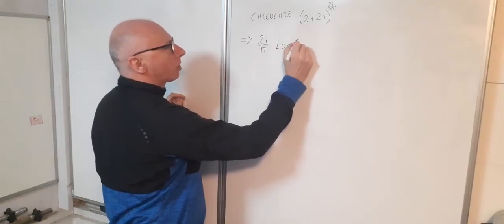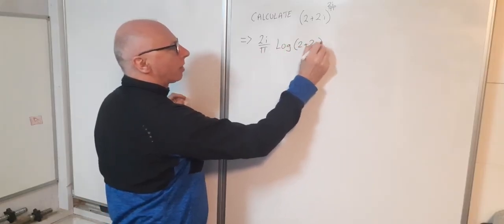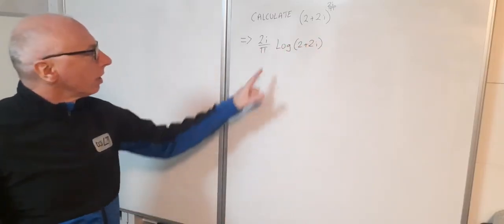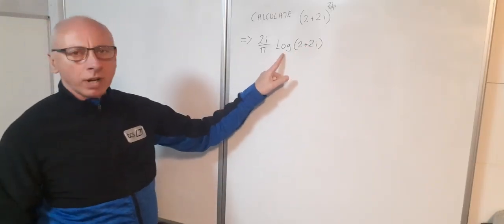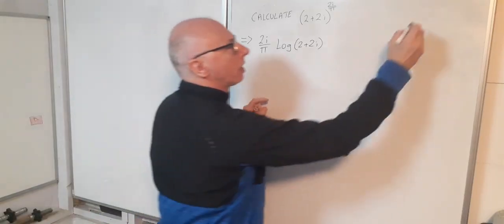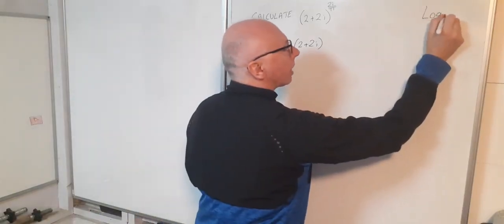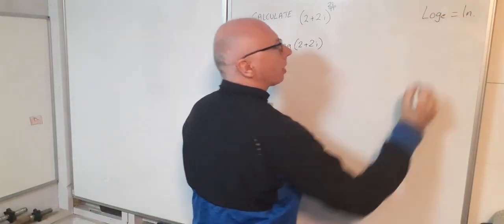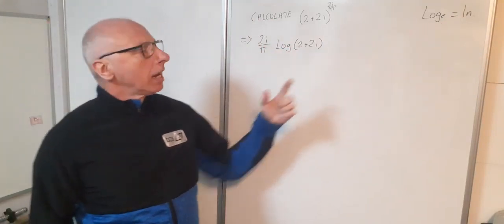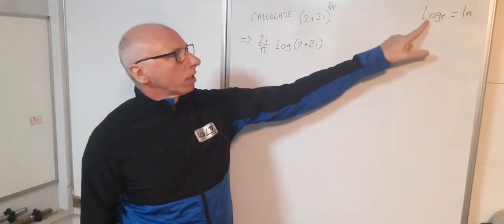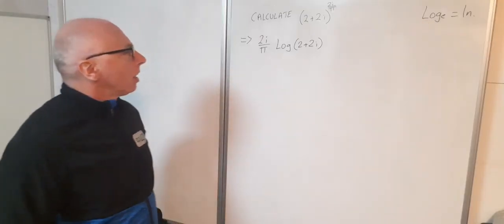Now you'll see here I've done log with capital letter, log of 2 plus 2i, capital L. Now in this video, when I write log, I'm always going to be doing log based e, which in real analysis is the natural logarithm. So log based e, and it's the principal log, so capital L.